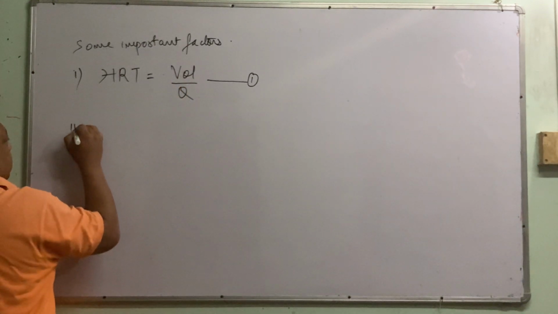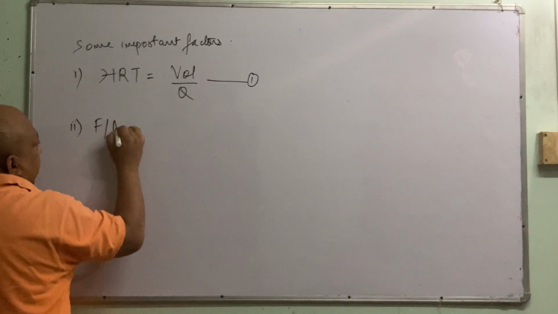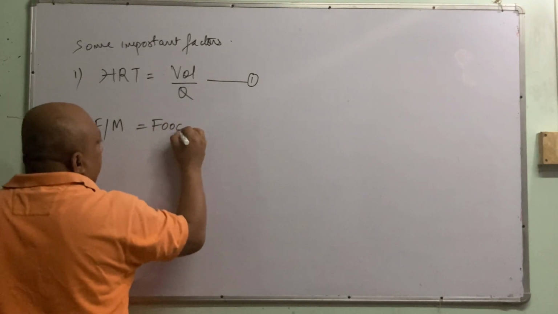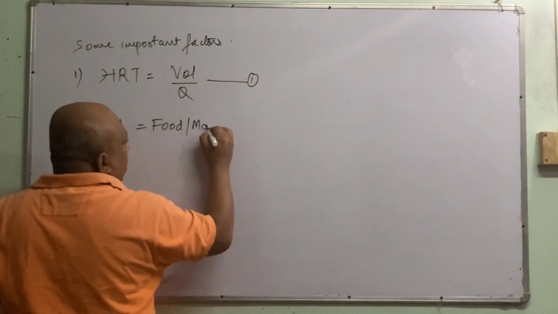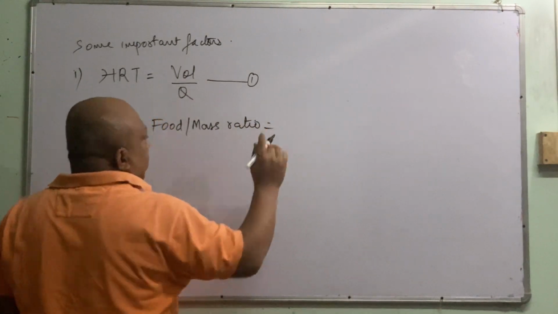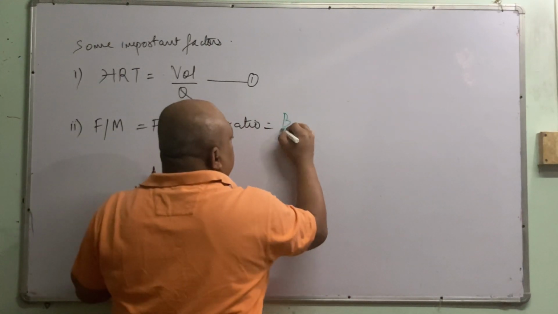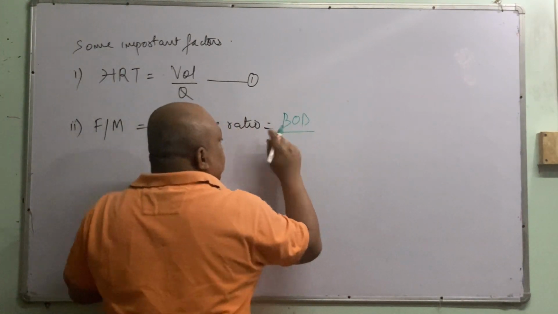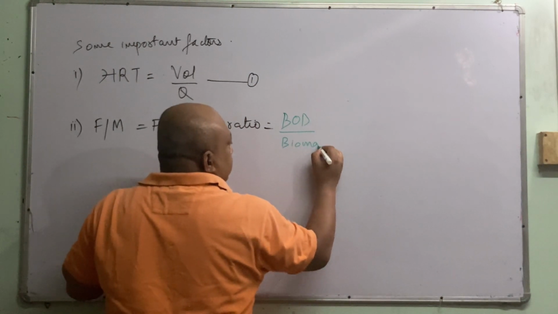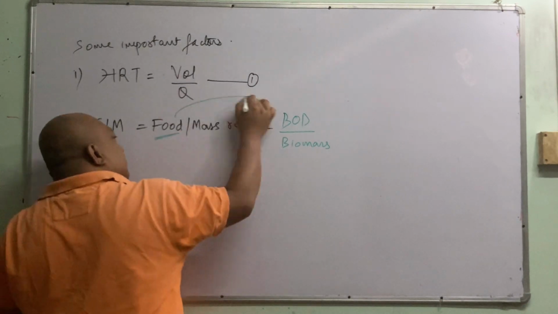Number two is something called F by M, also called food to mass ratio. What is food? Food is the BOD, correct? What is the mass? Mass is the biomass. The BOD is the food of the microbes.